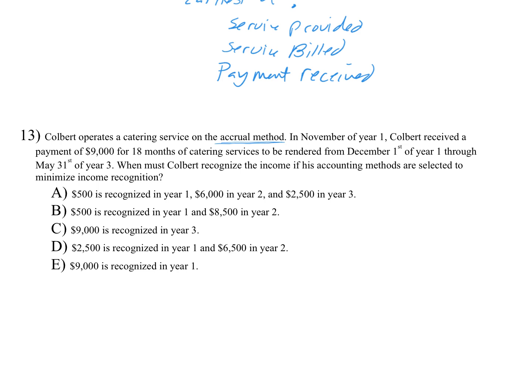So here we have a situation where Colbert wants to minimize income recognition. And that makes total sense, right? So again, he is an accrual method taxpayer.